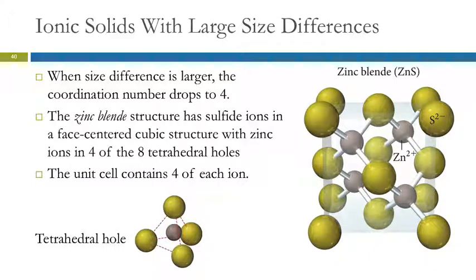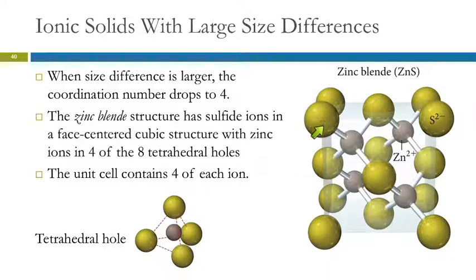Like, okay, I just got a handle on what a tetrahedron is. What is a tetrahedral hole? So if you have 4 ions here, they can make a tetrahedron, and in the center of those is a space, and that's called the tetrahedral hole.